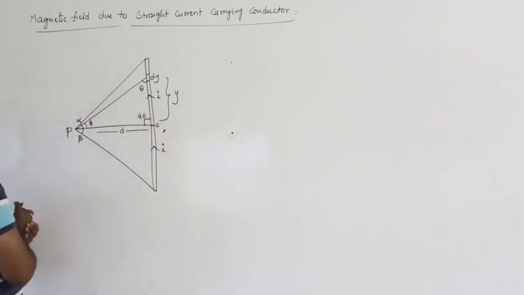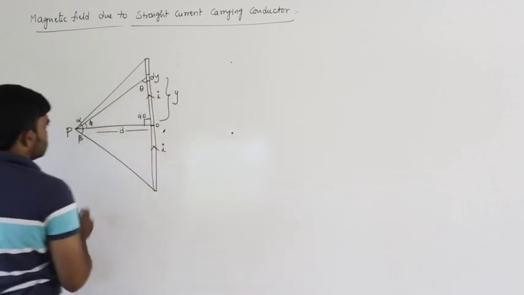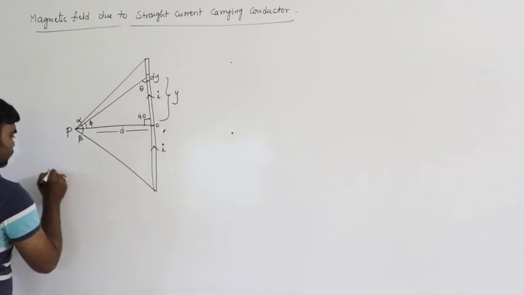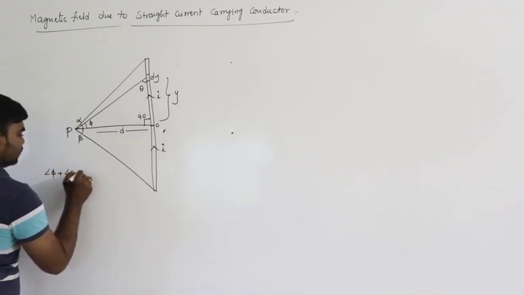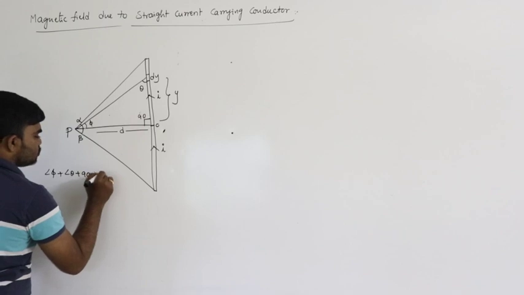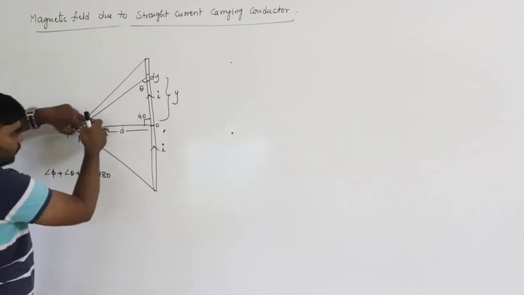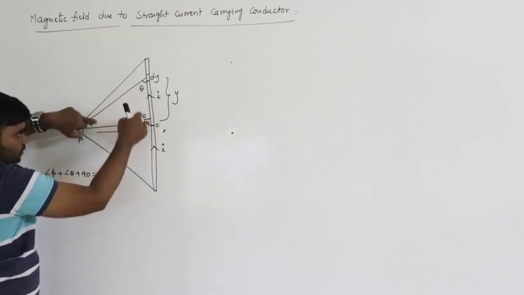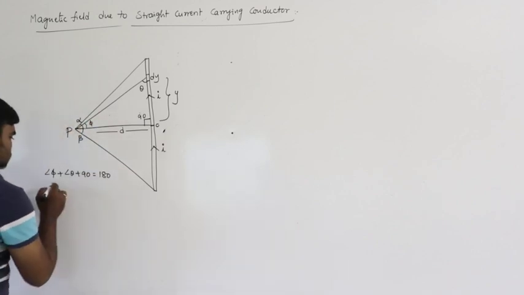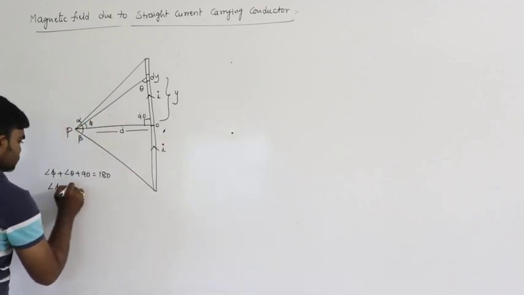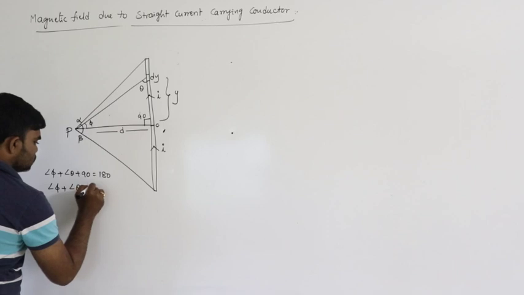So from the diagram, angle phi plus angle theta plus 90 is equal to 180. That means angle phi plus angle theta is equal to 90.